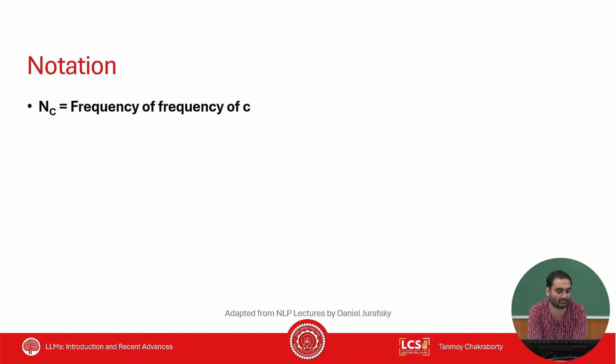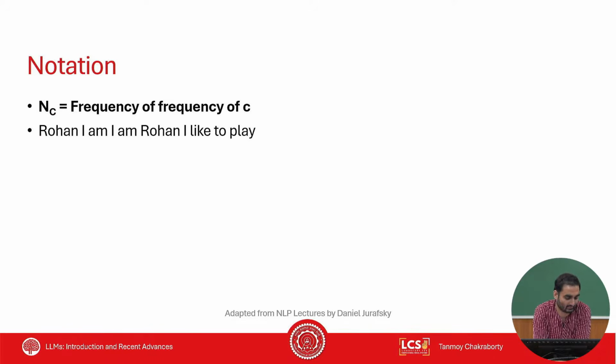Let's look at it with an example. We define a concept of frequency of frequencies. We denote this by N_c. N_c is the frequency of frequency c. Let's assume that this is our corpus: Rohan, I am Rohan, I like to play. How many times does the word I appear?